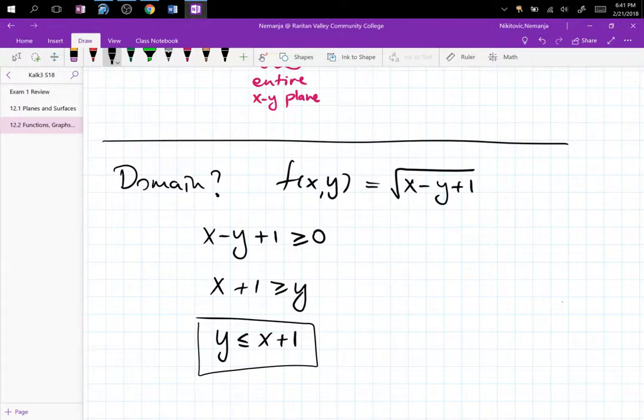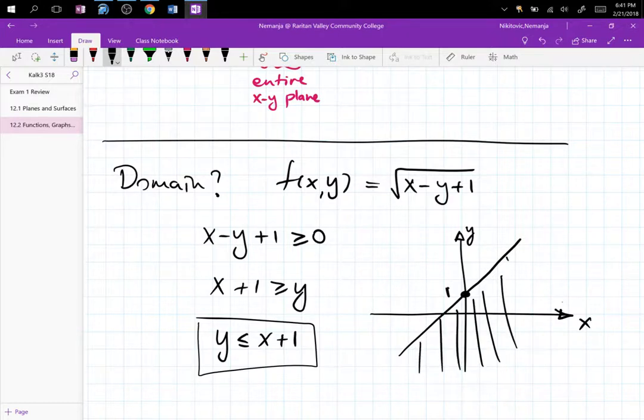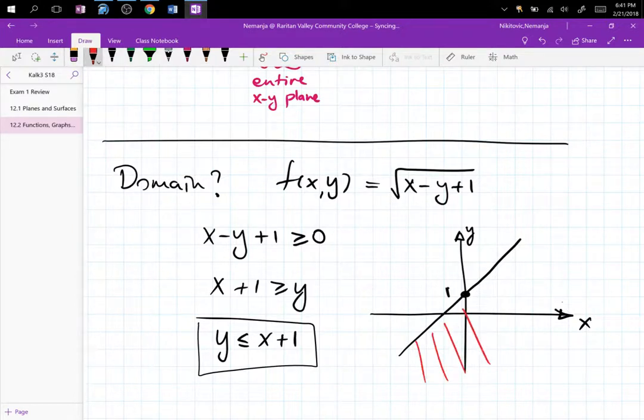So I am supposed to draw, don't call it diagonal line, just tell it's a line, 45 degrees, going through 1, sure. And then, what now? I'm going to shade. Do I shade above or below? Below. So this part over here, I'm going to change the color, this part over here is the domain.